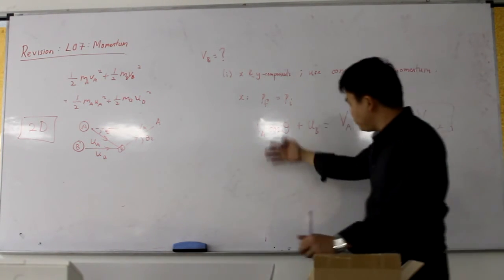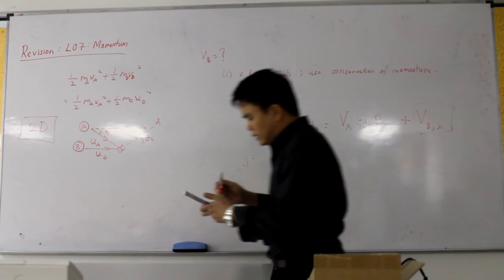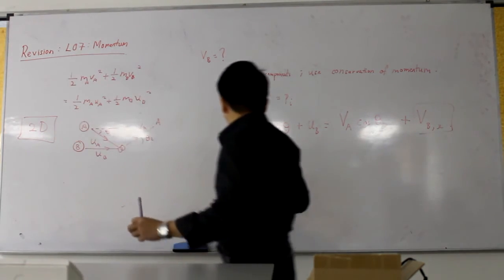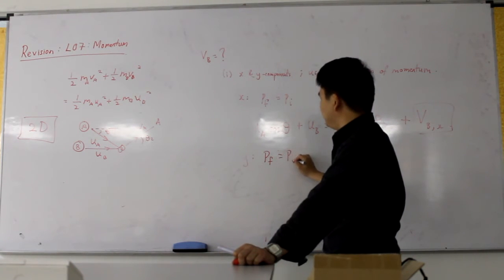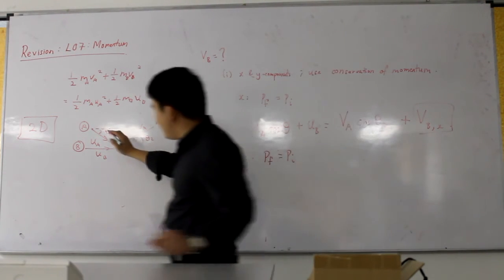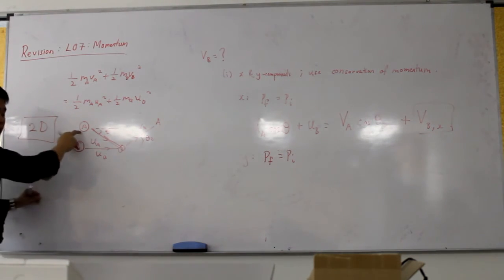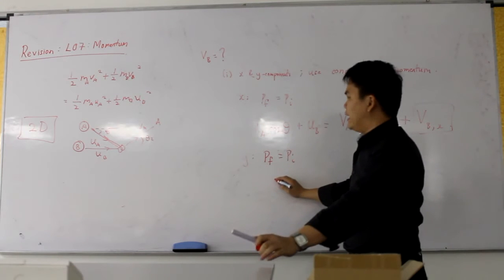On the other hand, we need to move further to the y component. Again, the same thing. For the y component, you can imagine that it's also PF equals PI. And for this case, you see A moving downward in such a way, so vAy is actually a negative value.